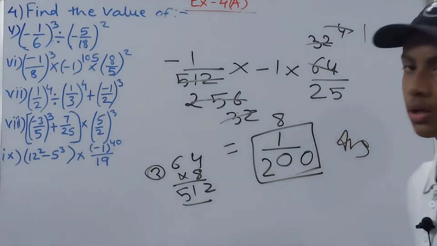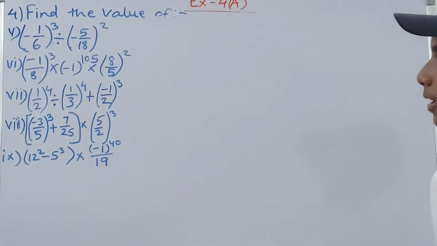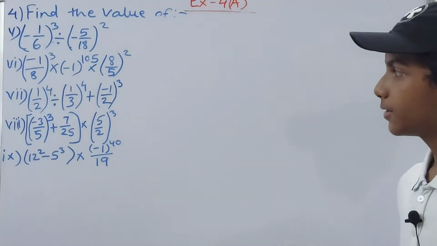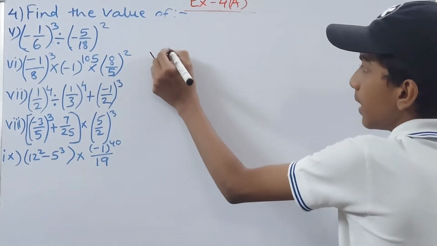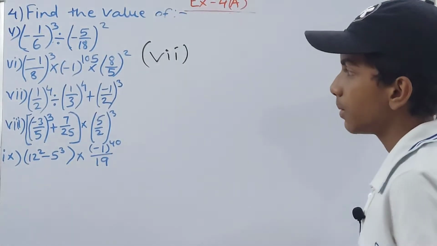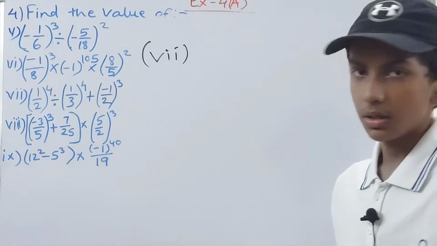Now let's move on to the next part. Now let's solve the next one. This is 1 upon 2 to the power 4 divided by 1 upon 3 to the power 4 plus minus 1 upon 2, right? This is the 7th part. So you can do the multiplication mentally, it is up to you. So 1 to the power 4, that will be 1 only, right?